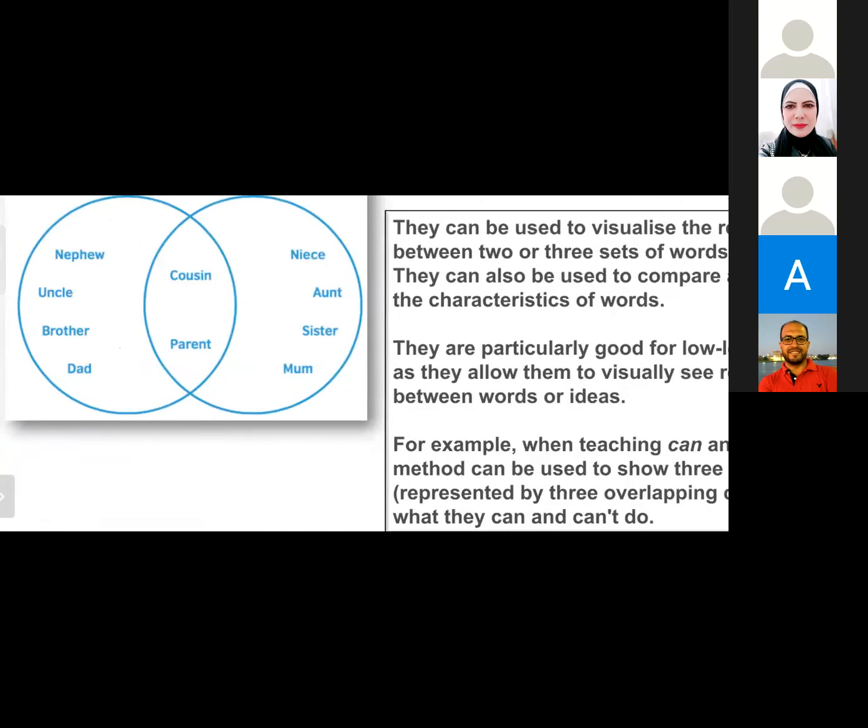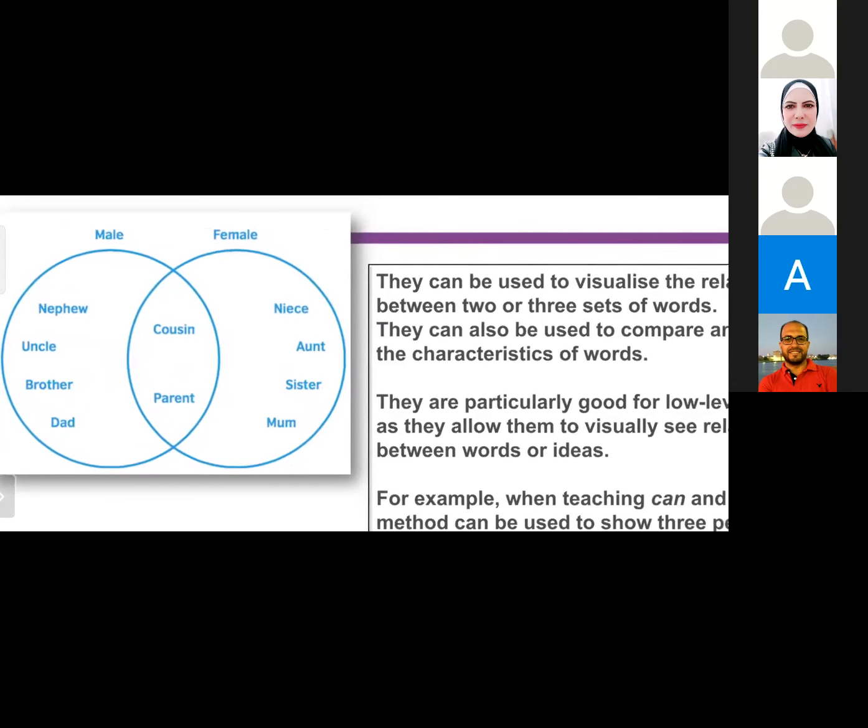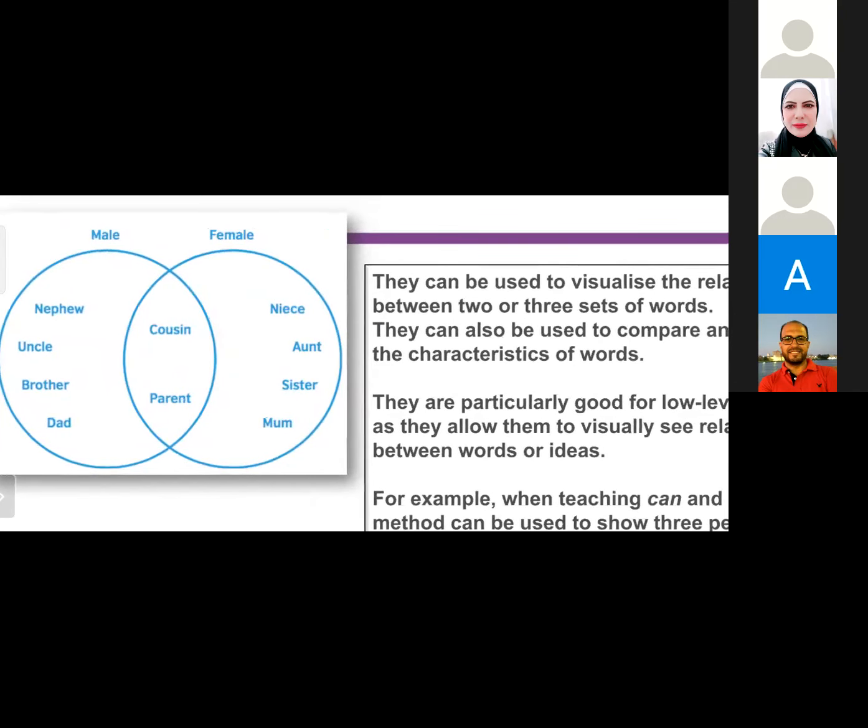For example, if we are using this model with young learners, we can write, for example, apple and banana. What can the learners tell you about apples and bananas? What are apples and bananas? What can young learners tell you about it? Apple and banana. Fruit. Yeah, exactly. They're fruit.